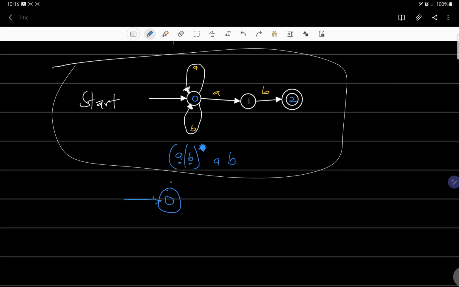So A can come repeatedly, B too can come repeatedly, which is why we have this loop curving like this. After they have come repeatedly, you can continue to A as our next step, then B, which is our final state. So that's how we got this drawing.